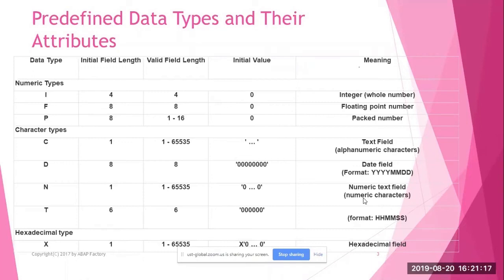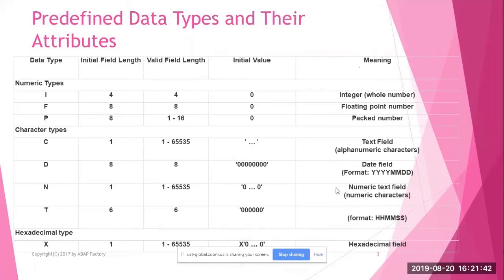Okay, and then P is also a numeric type, and this is for decimal format, like 10.01 or 20.13. If you want to store this kind of decimal values, you will be using P.